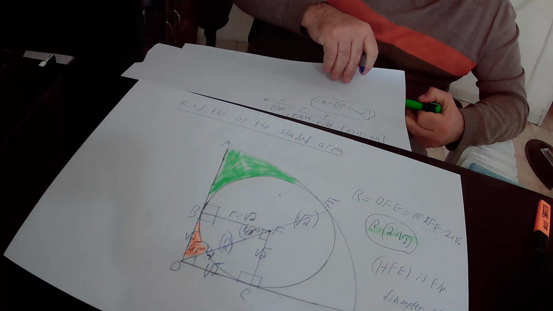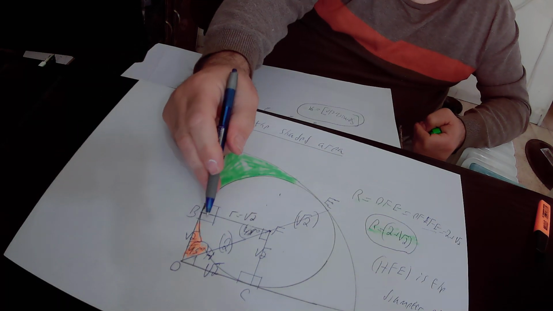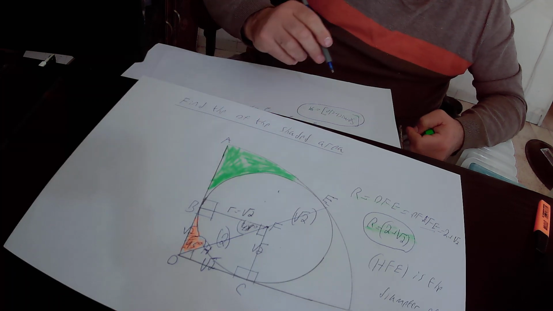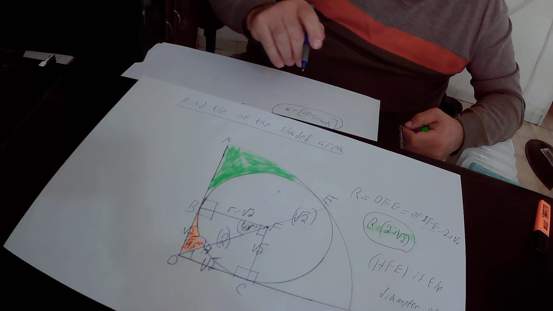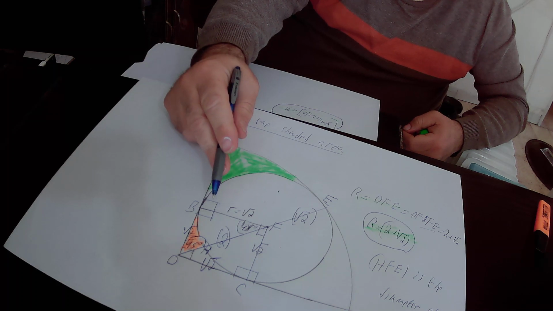In the next step, we find out the area of this orange shape. What is the area of the orange shape BHO?